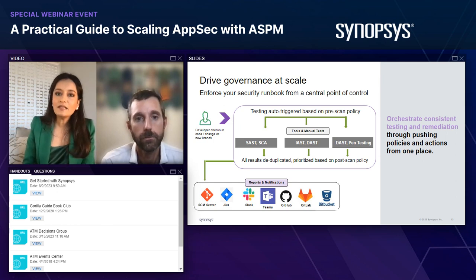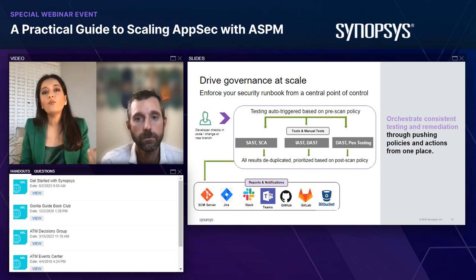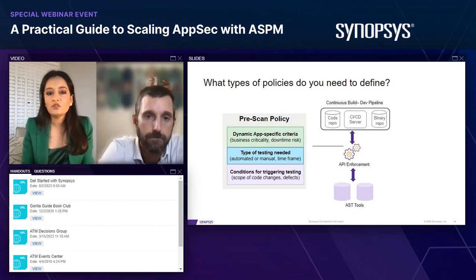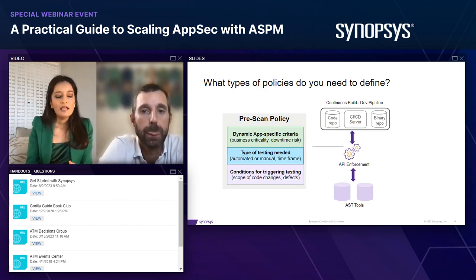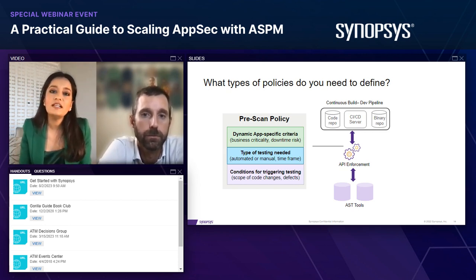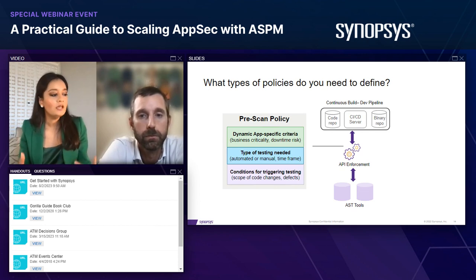And then the second part is, when I have an issue, what is my go-to criteria for whether that issue meets a certain level of priority. I'd like you to talk to us a little bit about how you implement policies that are effective and what an ASPM solution needs you to account for when you start framing your policy framework.